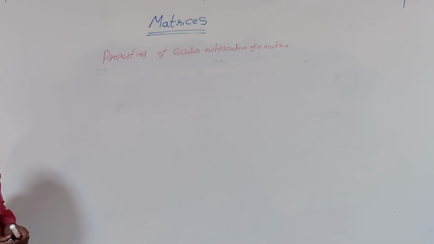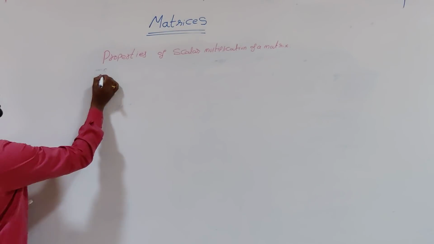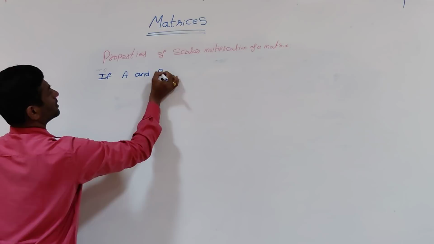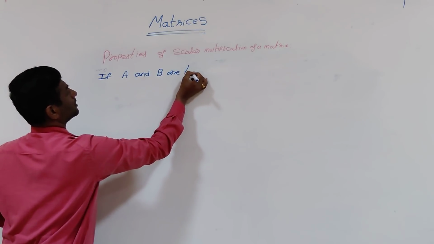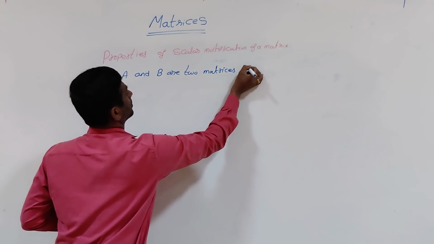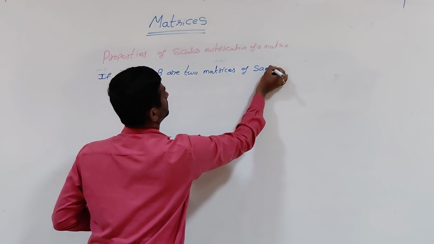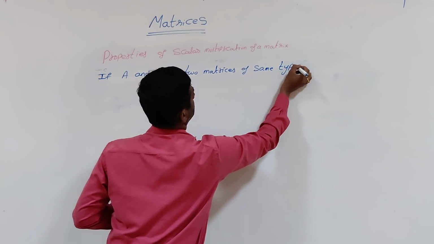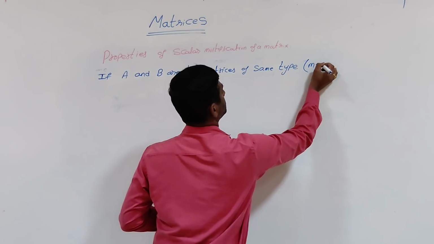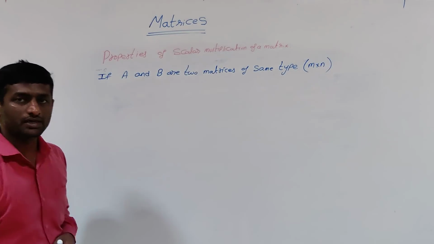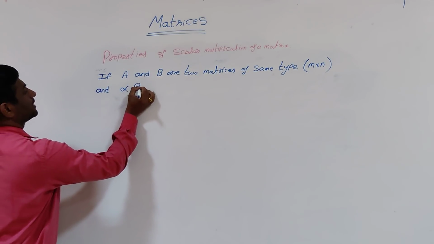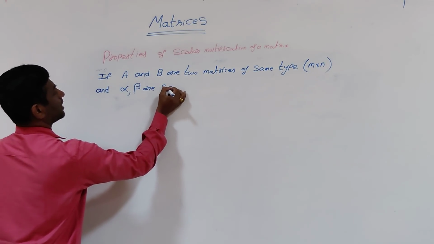Suppose we take two matrices A and B of the same type, meaning M by N matrices, and alpha and beta are scalars.